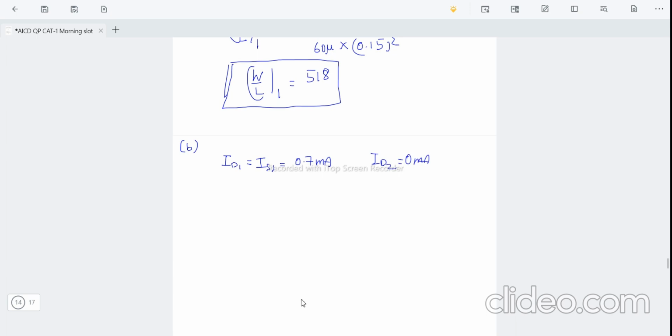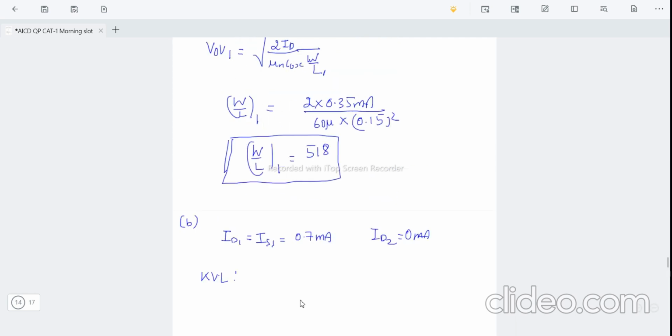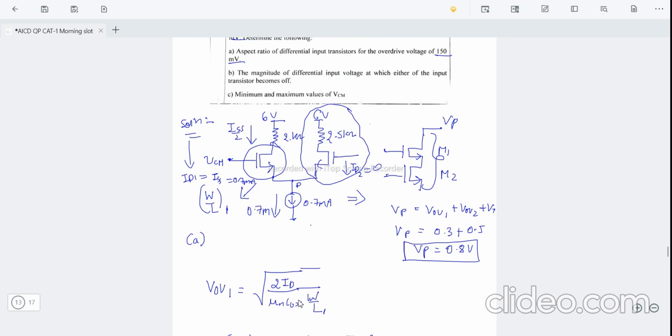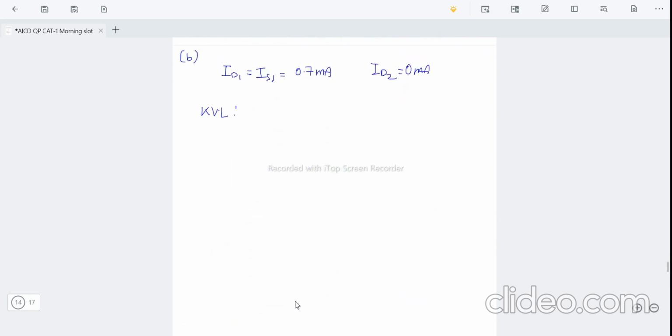Now, since we are interested in what input voltage is needed, I'll apply a KVL on the input loop. So when I apply a KVL, I'll be starting from this point. So minus Vin plus VGS minus VT plus VP is equal to 0.